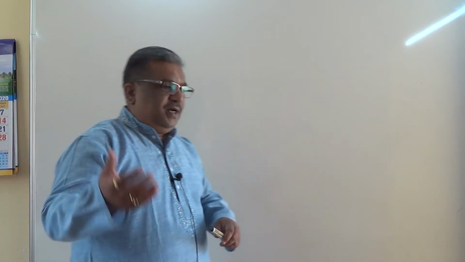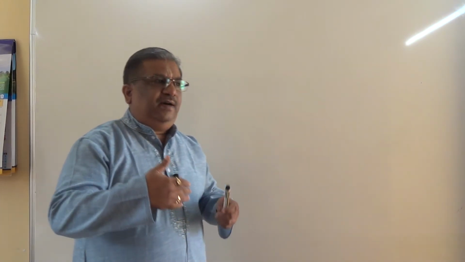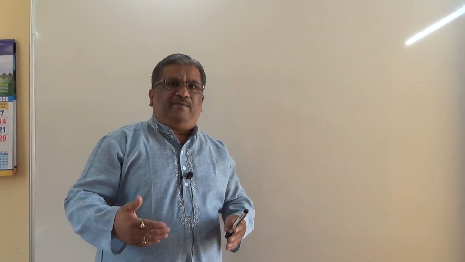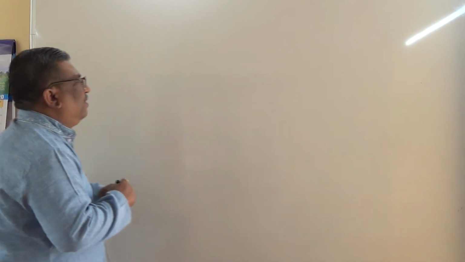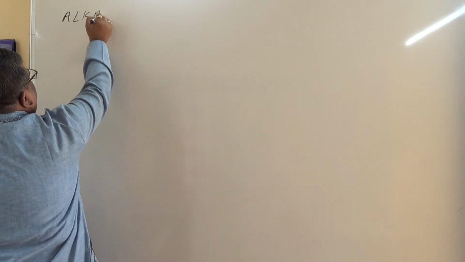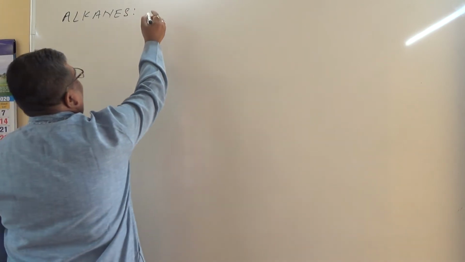Now let us try to write the alkane series. This is also a homologous series, and a homologous series refers to a series of compounds which are derived from the same general formula. So for alkanes, what is the general formula?